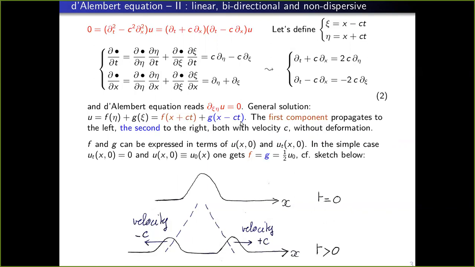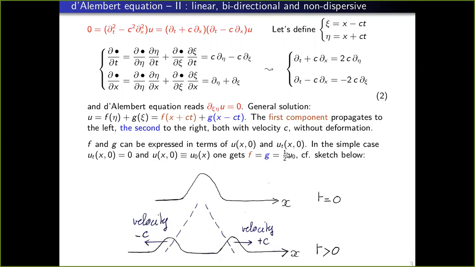So for instance, at t equals 0, one gets indeed u naught. And if you derive with respect to t, this gives plus c f prime, here minus c g prime. And since f and g are equal, their derivatives are also, and at t equals 0, these cancel when they sum up, and you get that also. So this solution fulfills the initial condition.